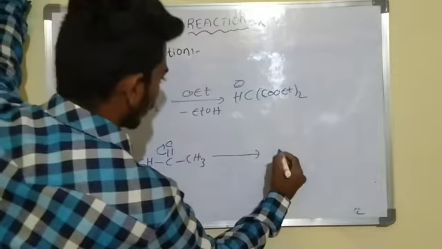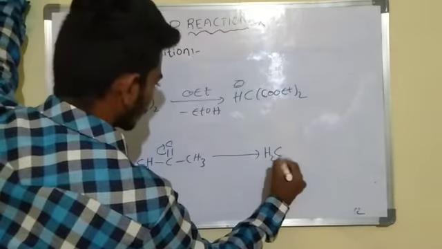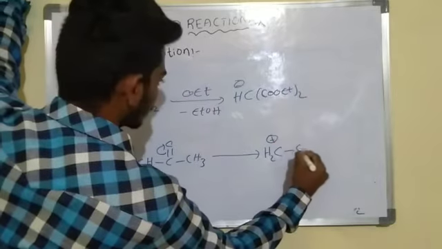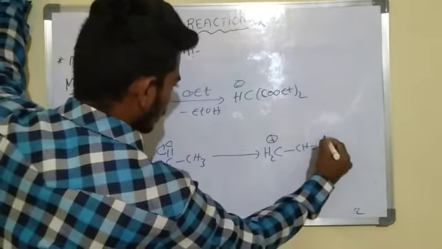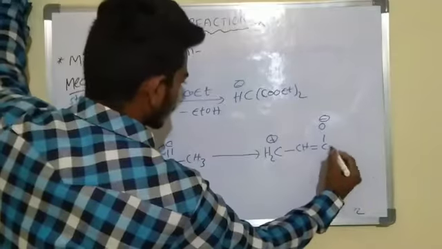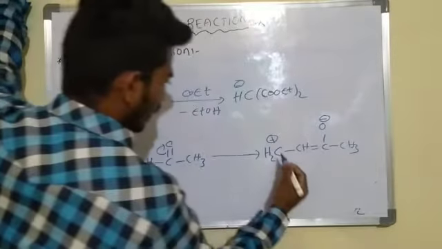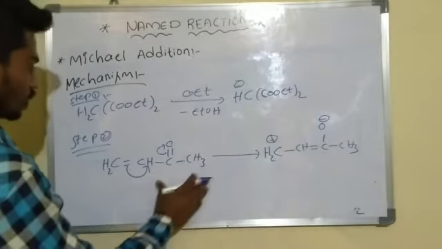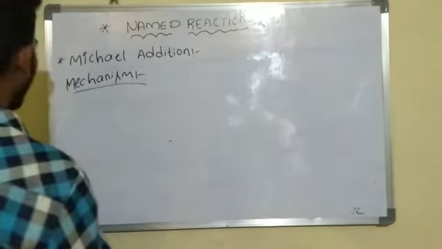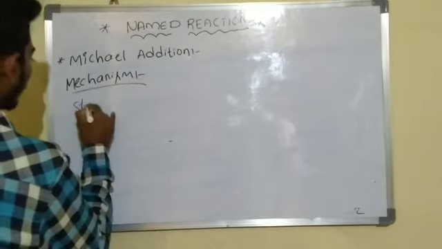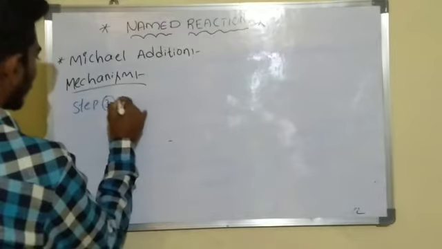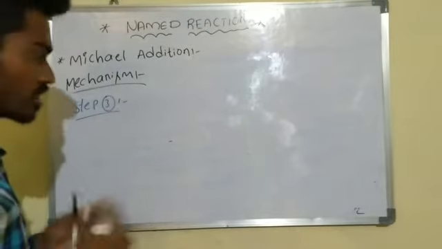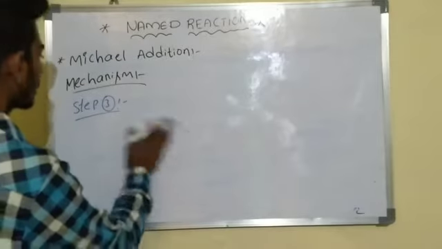It forms a carbocation. Here a carbocation is formed in the second step. In the first step, it forms a carbanion. These two combine in the third step.